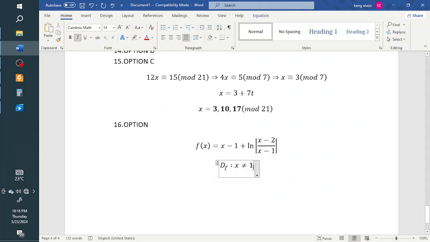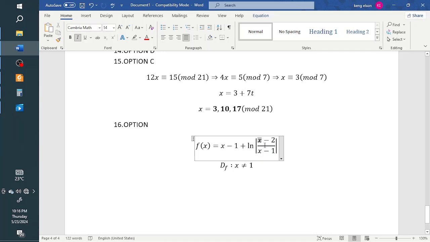Now if you look for the limit at plus or minus infinity, the result will give you plus or minus infinity as well, because what is inside here will give you 1, since we have a polynomial of degree 1 over a polynomial of degree 1, and the coefficients are all 1s.